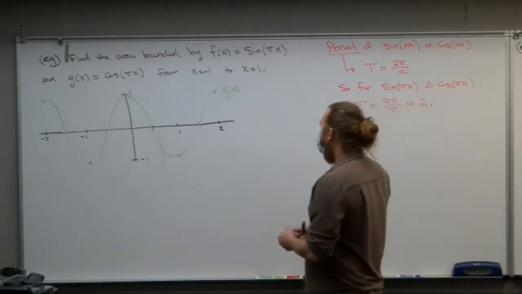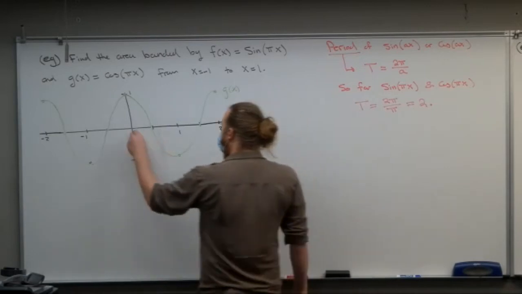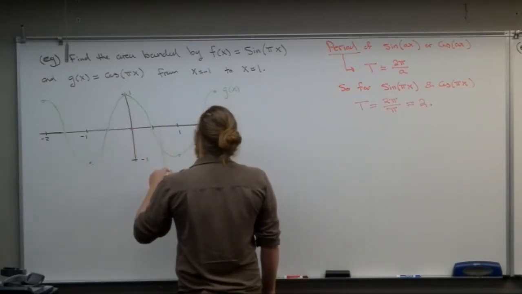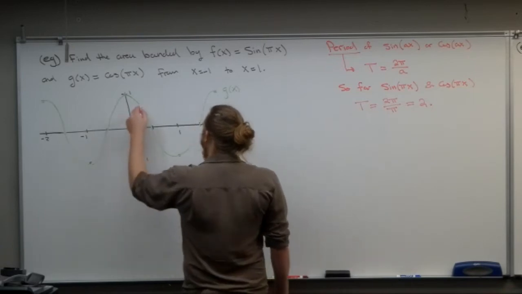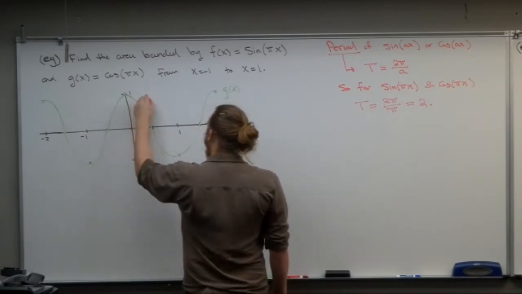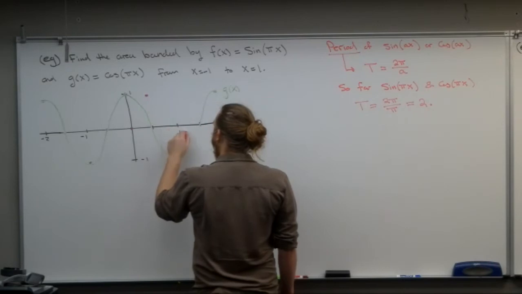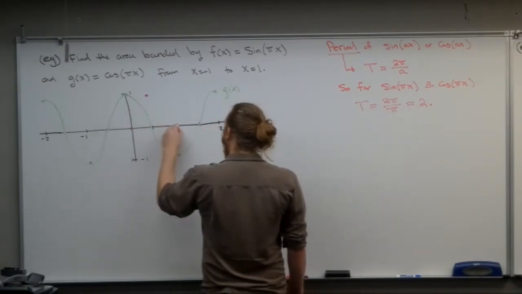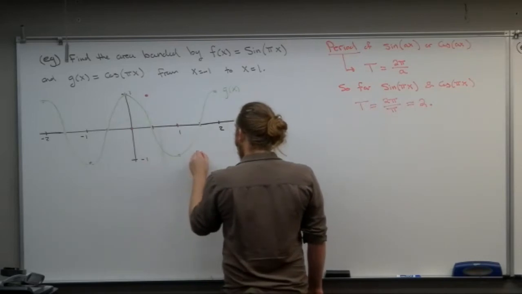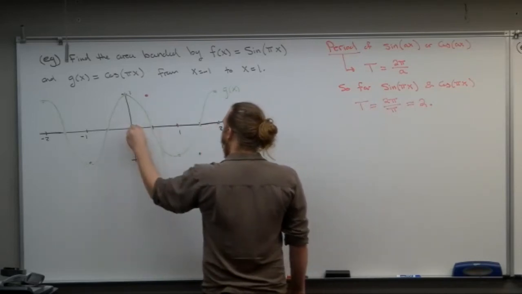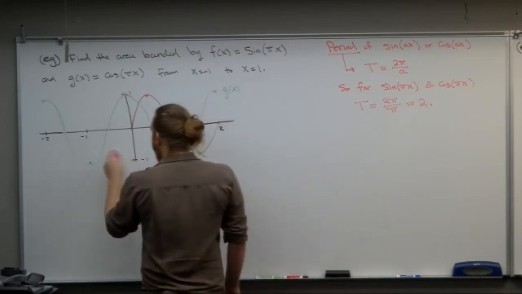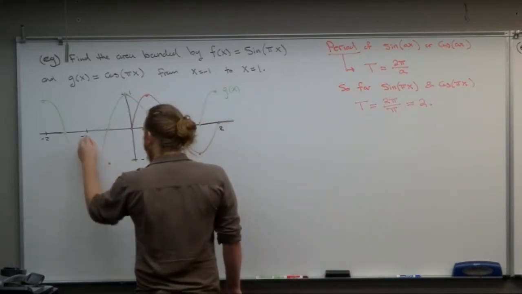It's a sine wave with period 2. So it's going to start at the origin, come up to a max here, and then come back to the origin. Same sort of business over here.